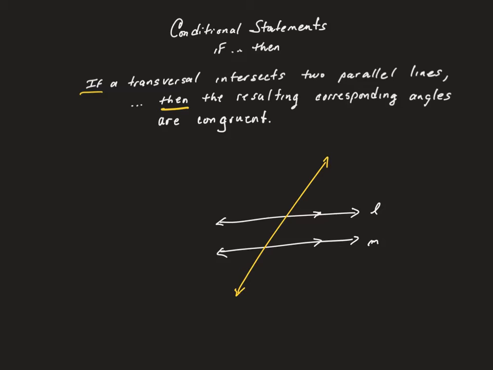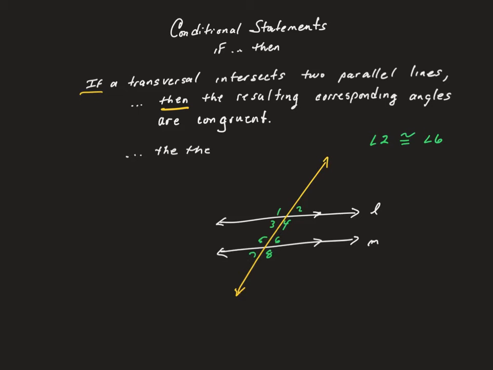So I know that angle 2 is going to be congruent to angle 6 because those are corresponding angles, and corresponding angles are congruent. Now that conditional statement also applies. Not only that, but then the resulting same side interior angles equal 180 degrees.